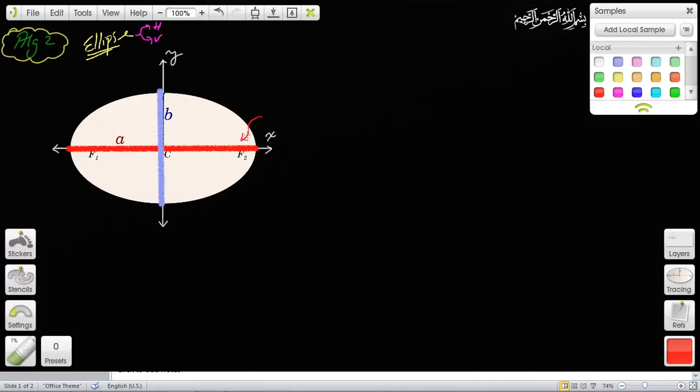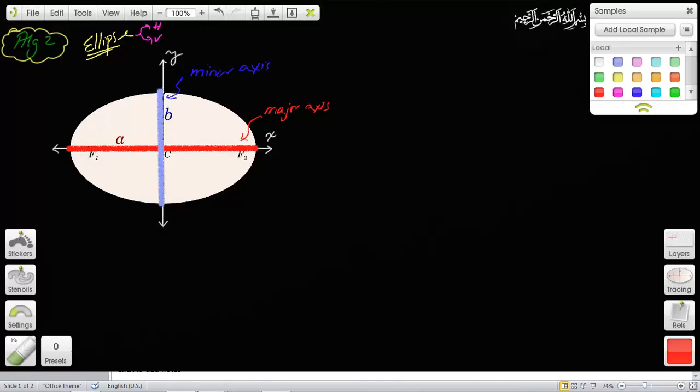So the longer length, that's called the major axis, okay, and the shorter length is called the minor axis, okay. So the major axis and the minor axis.